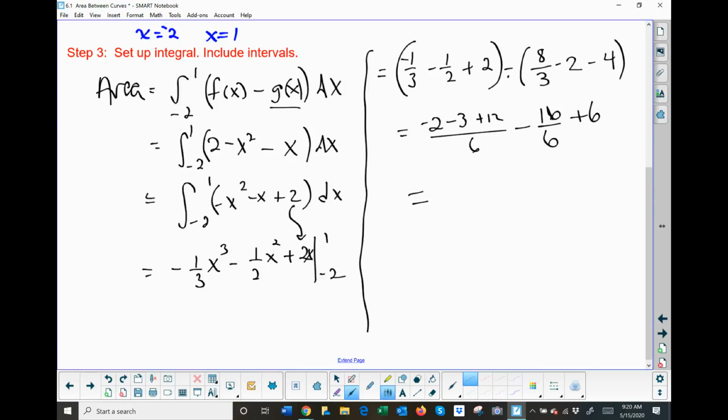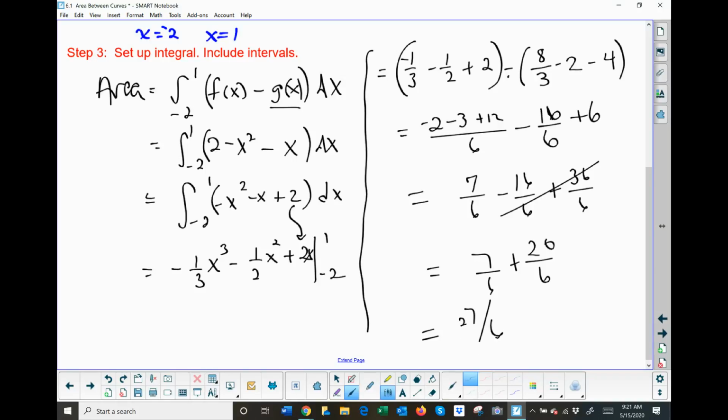Okay, I'd have negative 5 plus 12 is 7 sixths minus 16 sixths plus 36 sixths. This would create 27 over 6. Final answer, 27 over 6.